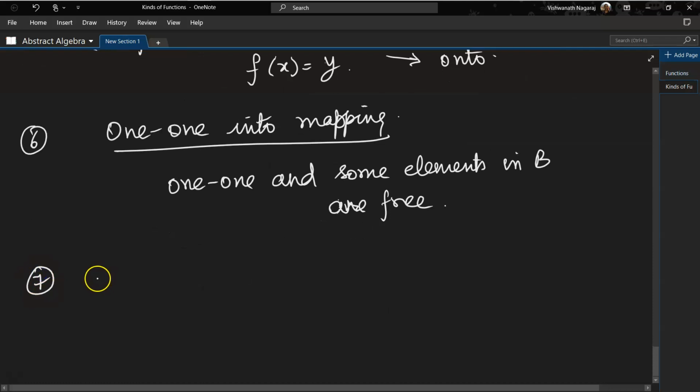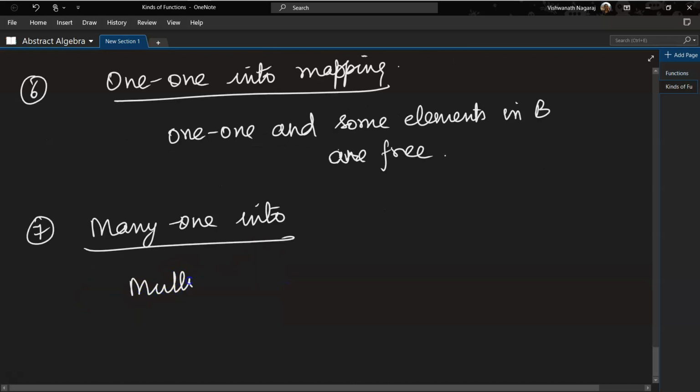Next one is many to 1 into mapping. So what does this mean?